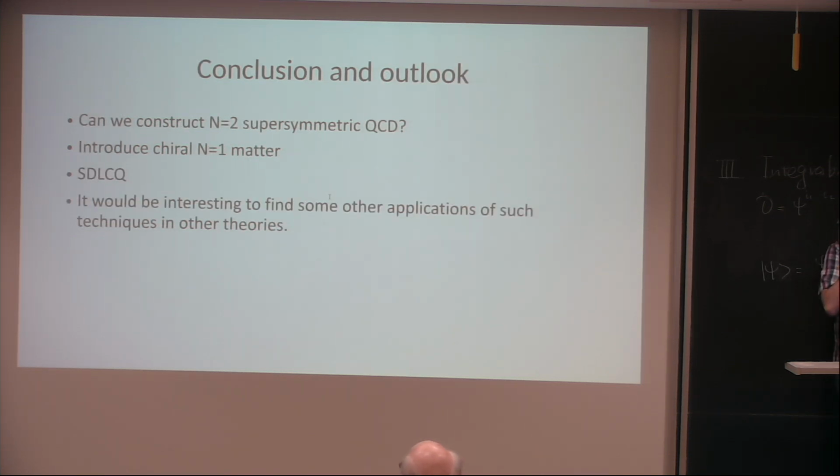So there is some outlook and conclusion. First of all, can we now extend to some other supersymmetric models? For instance, can we construct N=2 supersymmetric QCD?